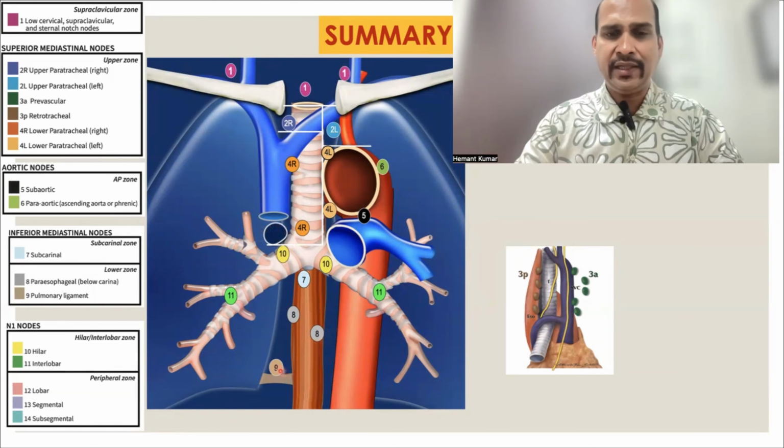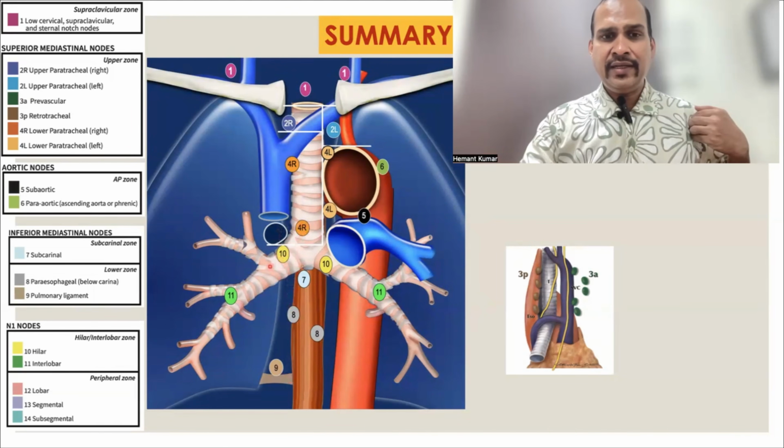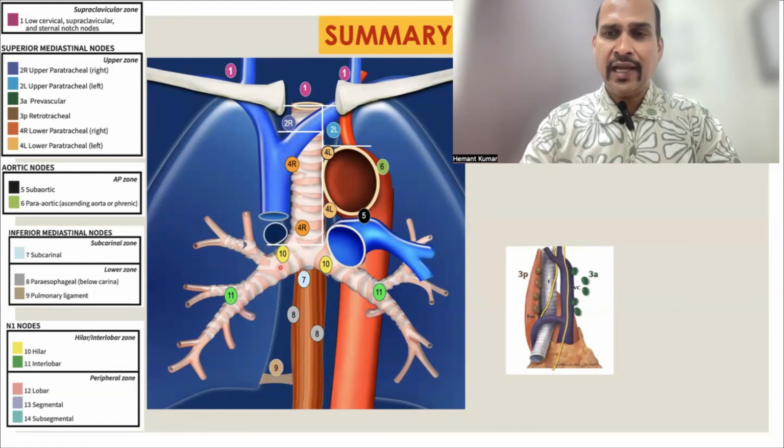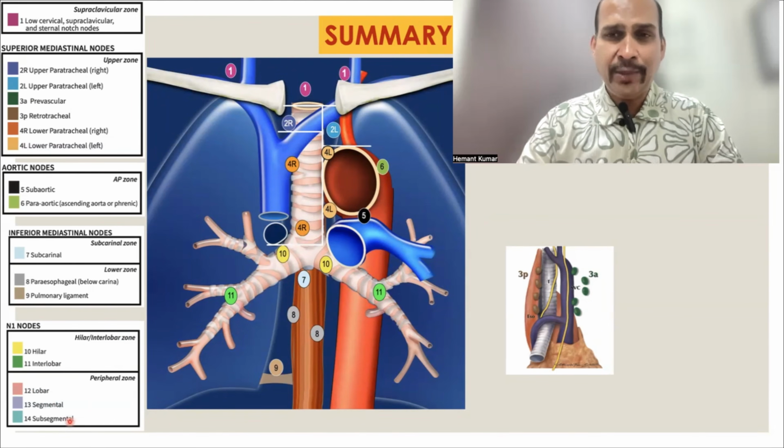So 7, 8, 9. From medial to lateral in the hilum, 10, 11, 12, 13, 14. So 10 is hilar lymph node, 11 is interlobar, then 12 is lobar, segmental, subsegmental. Okay, so this is how you have to remember.